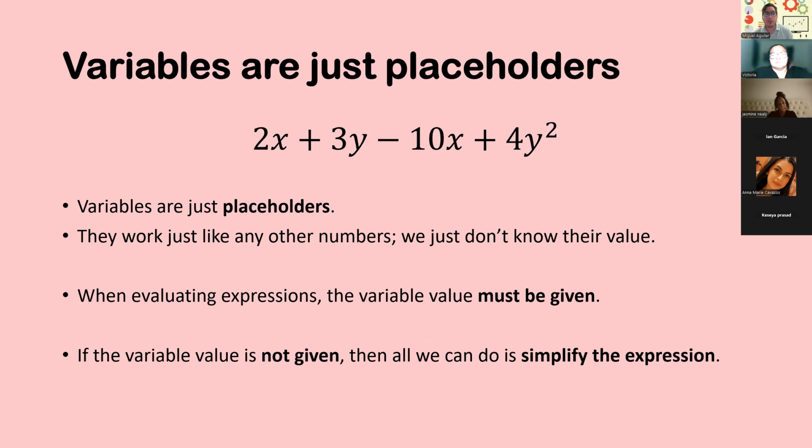That is, eventually, I'm going to give you some problems where I tell you what is the value that we're going to plug in for x, and what is the value that we're going to plug in for y. That's what I mean by evaluating an expression, right? We're going to plug in a number, and then we're going to, quote unquote, solve the expression. But sometimes you're going to get problems where the variable value is not going to be given, in which case we need to understand how to simplify an expression even when the variable value is not given.